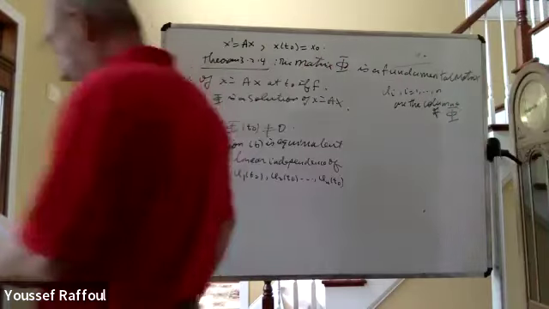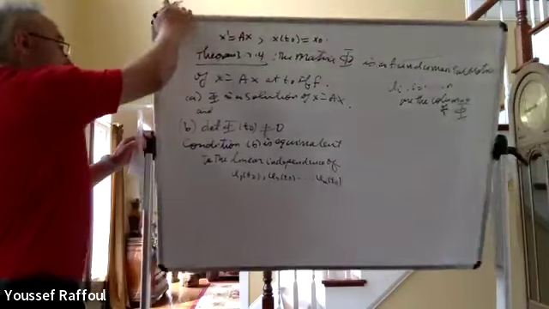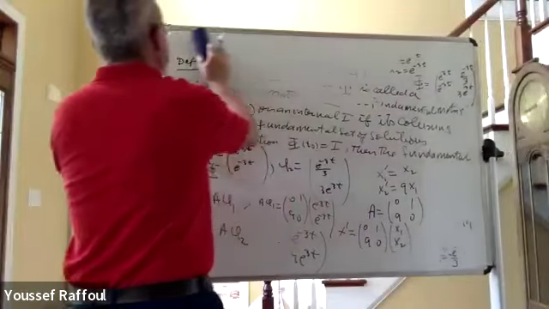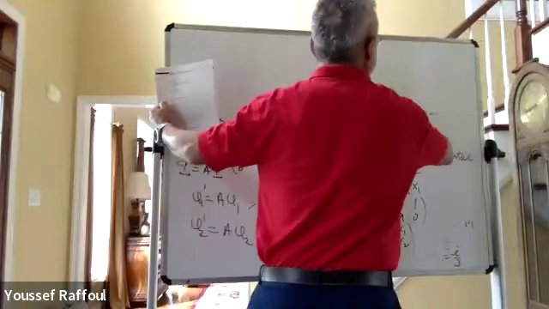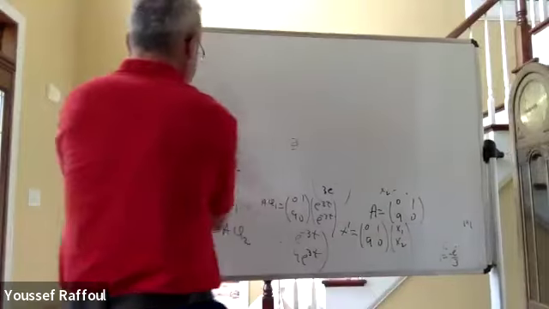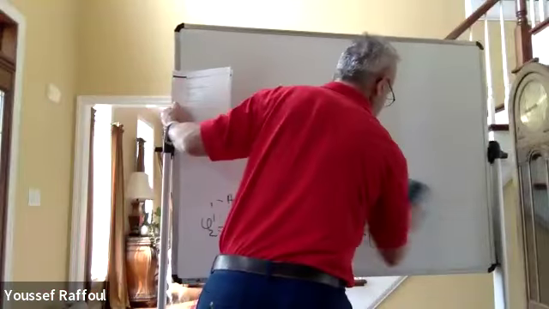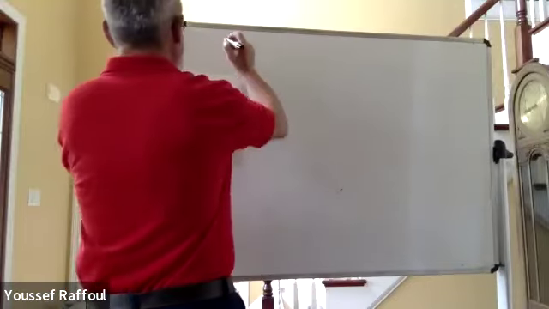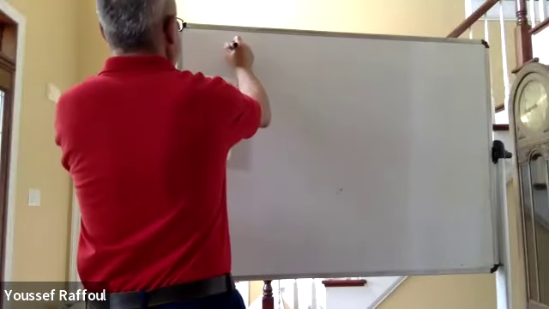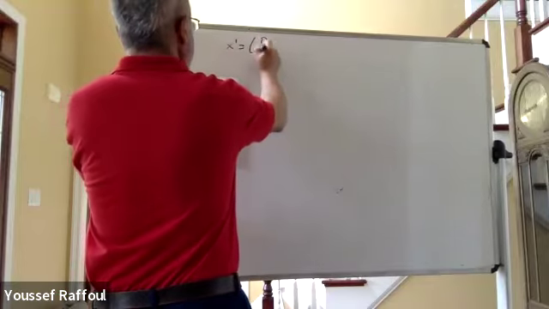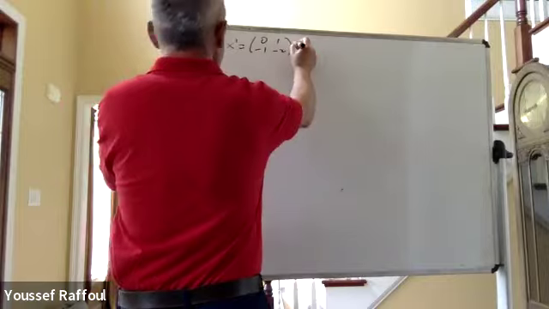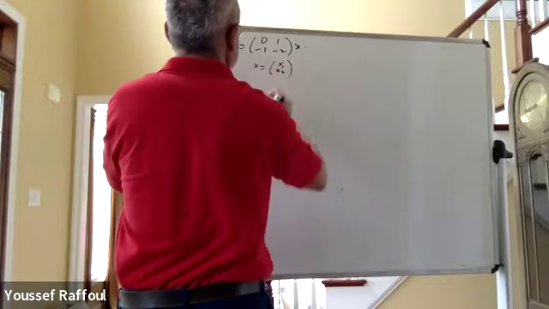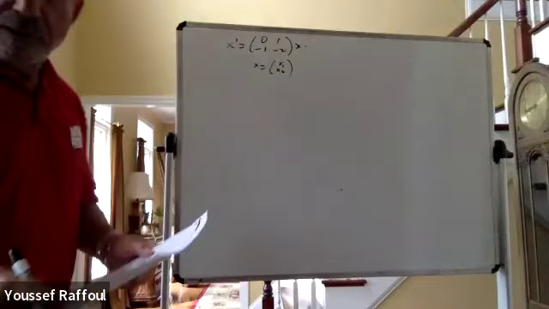Let's do an example. Let's consider x prime equals the matrix 0, minus 1, 1, minus 2, times x, and here x is x1, x2. Okay?